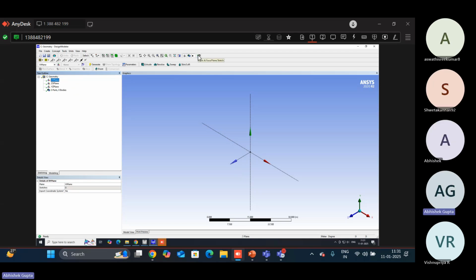So that will be converted into a 2D. Now click on the XY plane and create a new sketch. Okay. Start sketching.